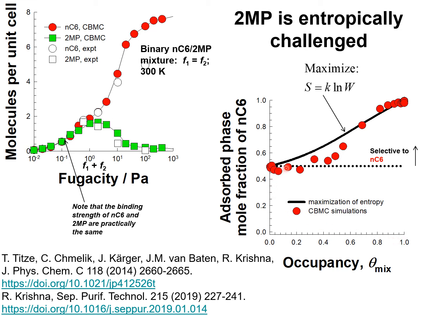The CBMC simulation data are shown by the red circles, and these data are in good agreement with the curve that describes the maximum entropy, where S is calculated using the Boltzmann equation, S equals K ln W, where W is calculated using the statistical model that was described earlier in this presentation.